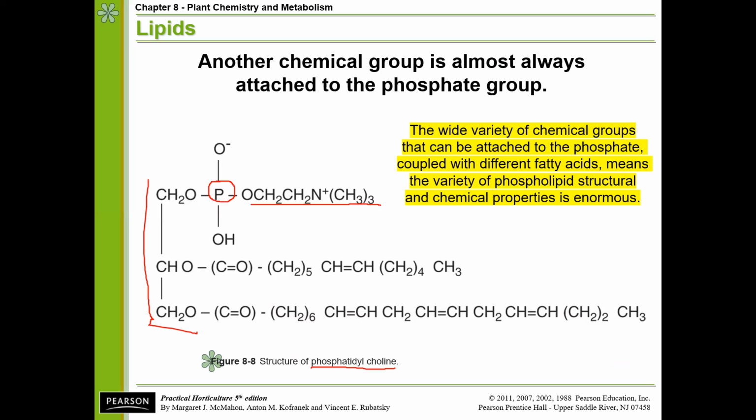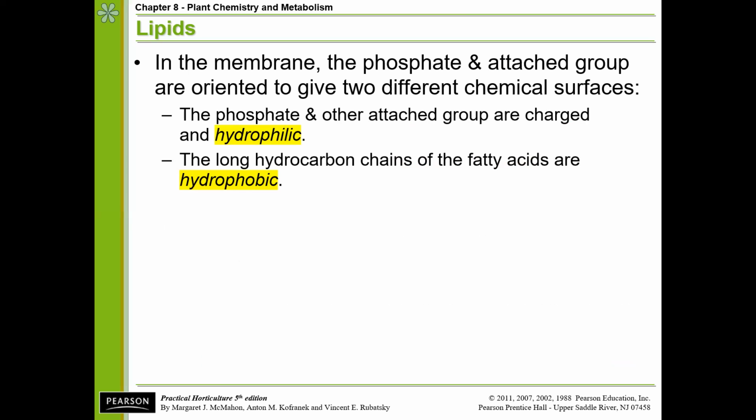One of the major functions of these in plants is as membranes, and how they are arranged gives this structure, coupled with the different structures of the different fatty acids. These membranes have different functions in most cells of the plant, including the ability of the plant to make energy.